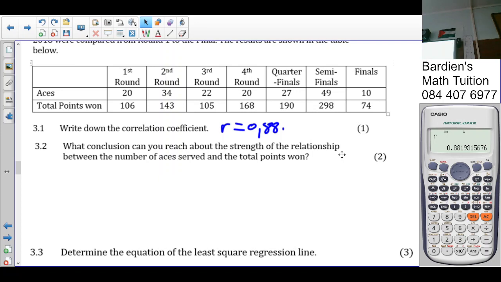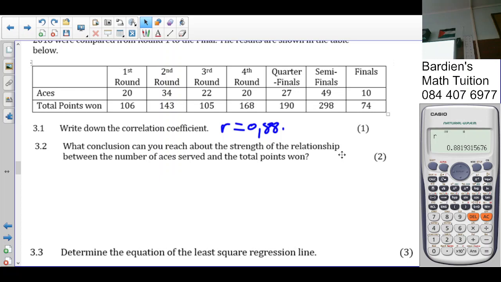No? So I said it's from 0 to 0,9. It is very strong. Around 0,9 is going to be strong. 0,5 is moderate. Do you guys remember that table? Around 0, there's no correlation.